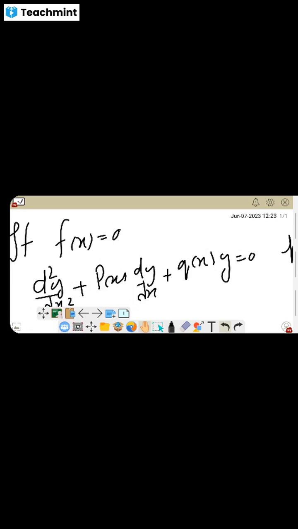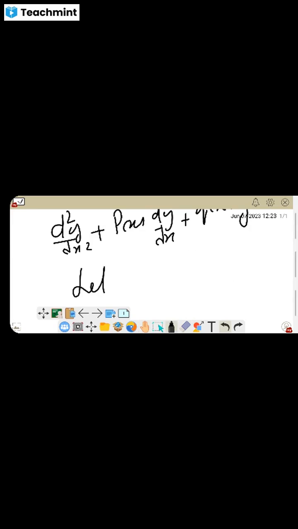To solve such type of questions, we take y is equal to e to the power lambda x.